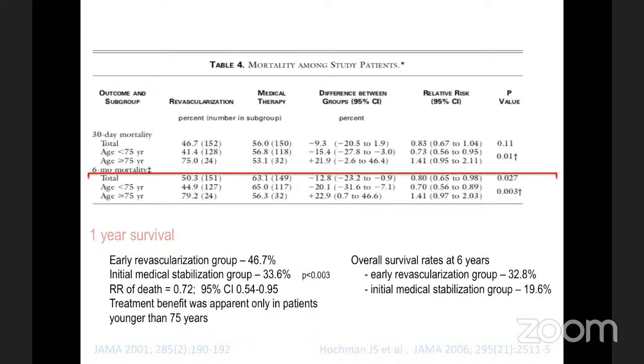So they found that in the revascularization group, the 6-month mortality rate is around 50%, and in the medical group around 63%.